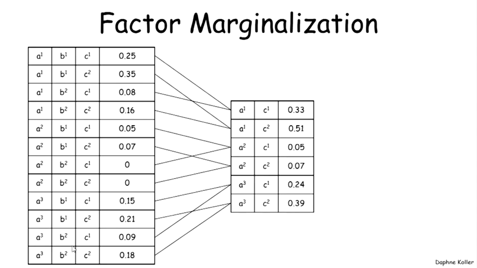So for example, if we have a factor here whose scope is A, B, and C, and we want to marginalize out B to get a factor whose scope is AC, what we're going to be doing is, again, taking both possible values of B. In this case, because B is binary, there's only 2 values, and we add them up in order to get the entry for A1, C1, so 0.25 plus 0.08. And all the other rows in this table are computed in exactly the same way from the corresponding rows in the original larger factor.